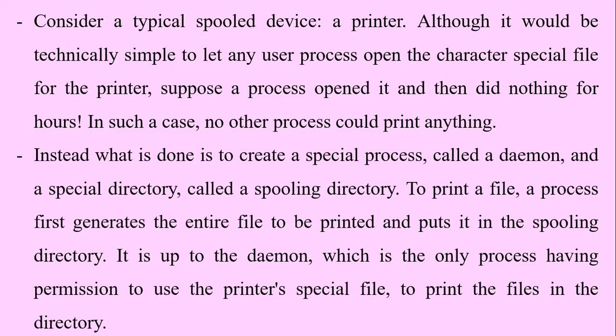Instead, what is done is to create a special process called a daemon and a special directory called a spooling directory. To print a file, a process first generates the entire file to be printed and puts it in the spooling directory. It is up to the daemon, which is the only process having permission to use the printer's special file, to print the files in the directory.